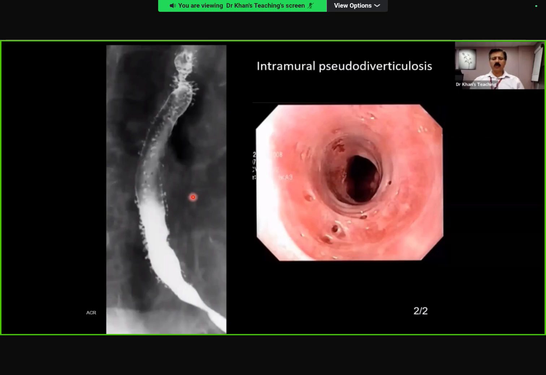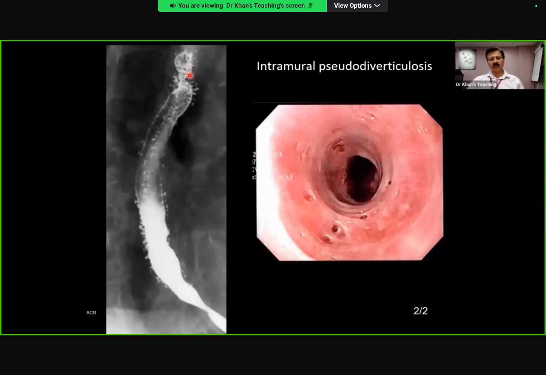Otherwise, you will be absolutely searching for answers. This is a benign condition where, pathologically speaking, there are deep mucous glands, the excretory glands of the deep mucosa. The ducts of them get dilated, and these ducts are in communication with the lumen.